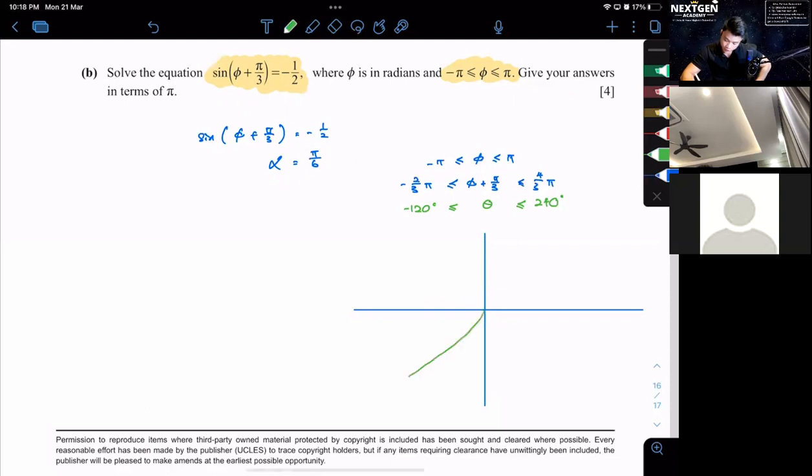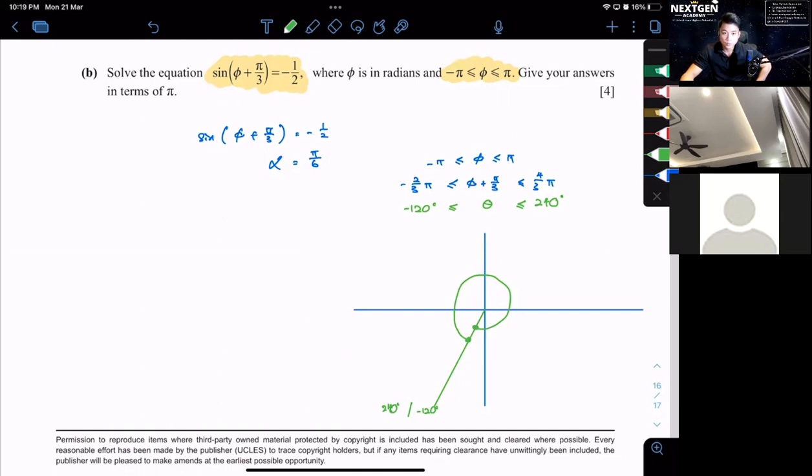Over here, negative 120 will be around, let me see, 90 plus 30, around here. So this will be negative 120 degrees. I write in degrees so it's easier for us to see. So 240 degrees means it starts from here, then ends here.